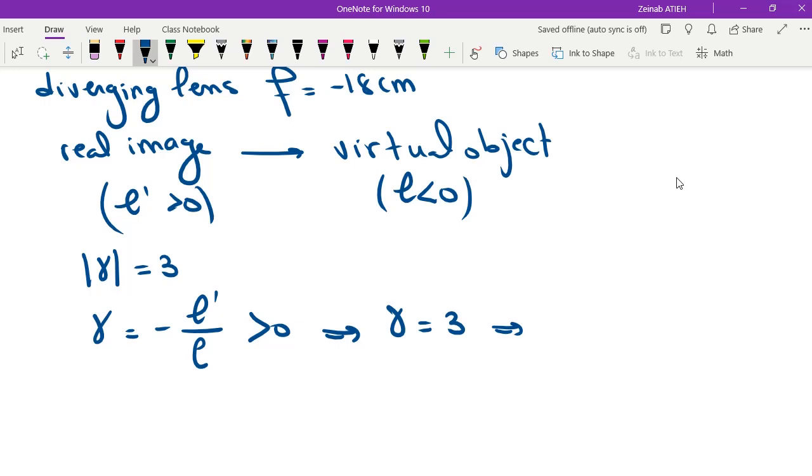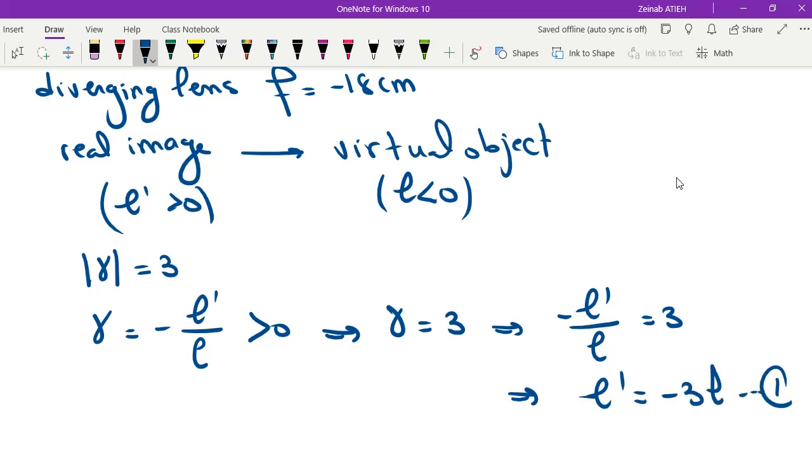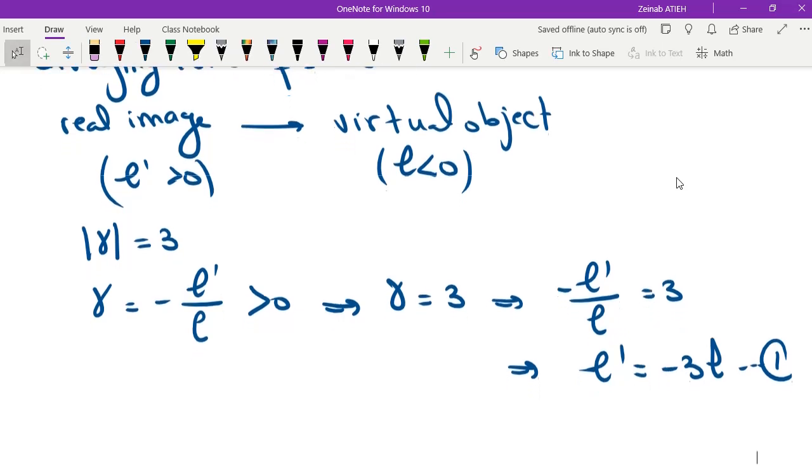So what we shall do is substitute for gamma: minus L prime over L equals 3, implies cross multiply, L prime equals minus 3L, like this. This is equation 1. I need another equation to find L and L prime.